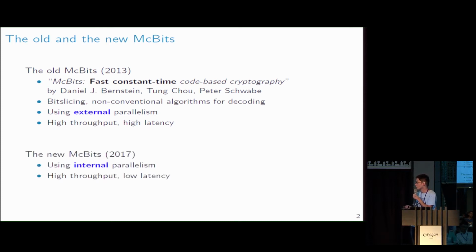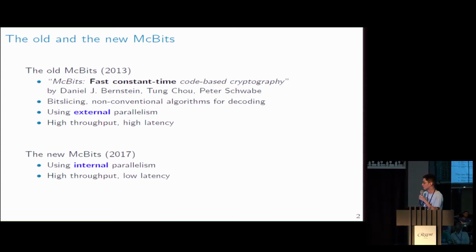So what I do in the 2017 paper is actually quite simple. I just want to use the internal parallelism only. As a result, this gives us a high throughput and low latency system. Simply speaking, this is what the new McBits is doing.